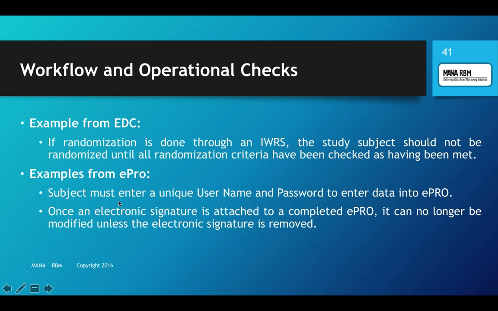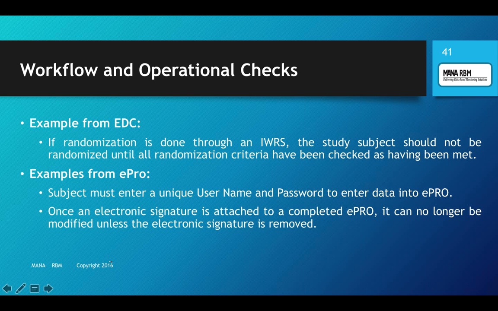Another example would be from an ePRO, where the subject must enter a username and password so that they can enter data into their ePRO, and once they've signed that ePRO, it could be the same way with a CRF, once the investigator signs it, nobody else can do anything to that unless the signature is removed.